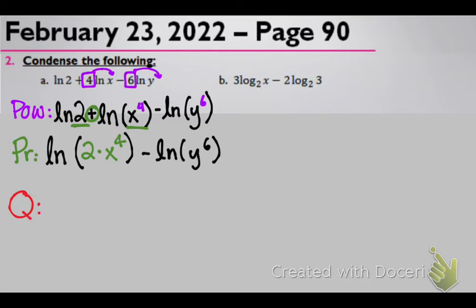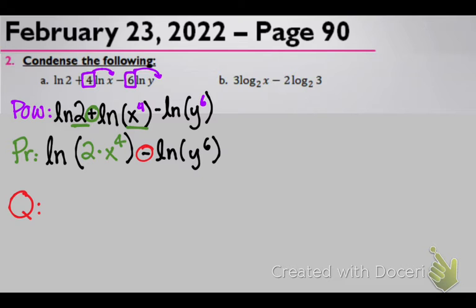And we know our third step, the one we haven't done yet, is our quotient rule. What symbol am I looking for to know quotient rule? It will become division, but I'm looking for my subtraction symbol.